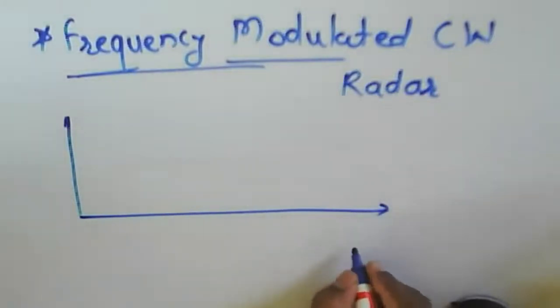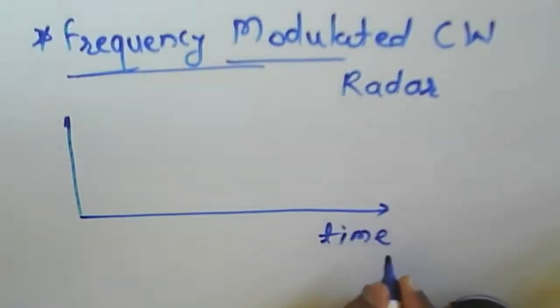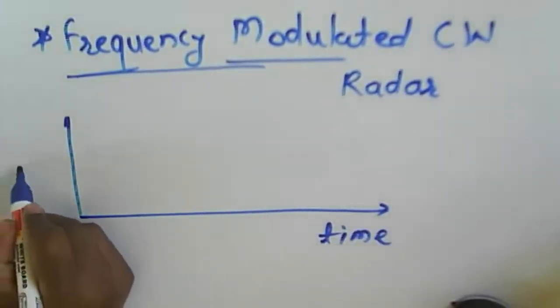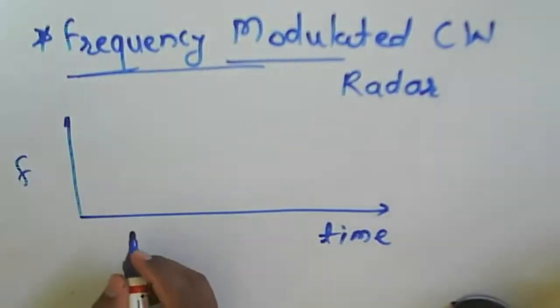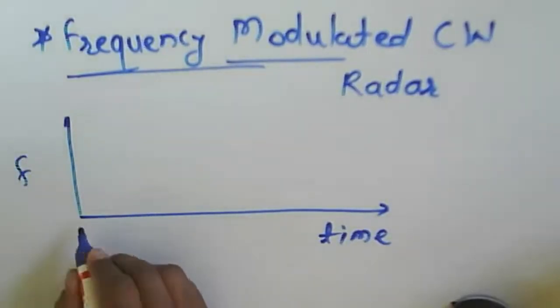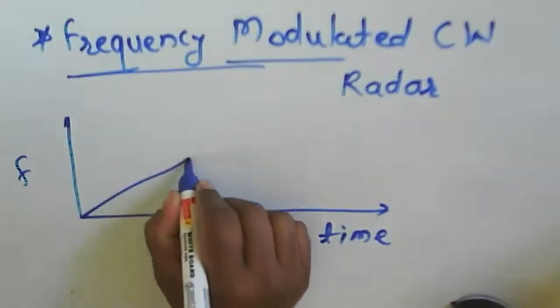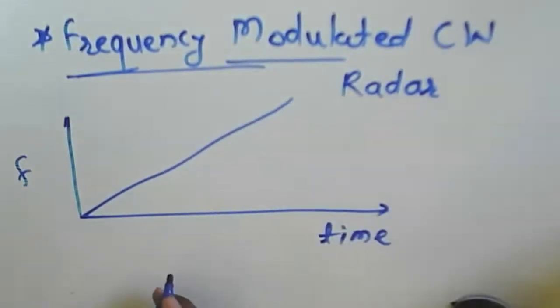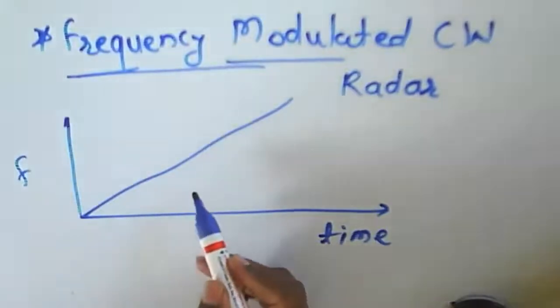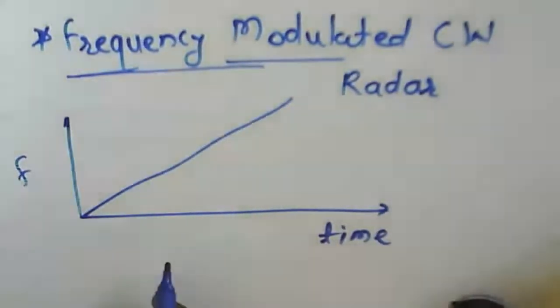For a given particular time, this axis is time and this is frequency, so we can say the frequency changes with respect to time, and there will be variation in the frequency.